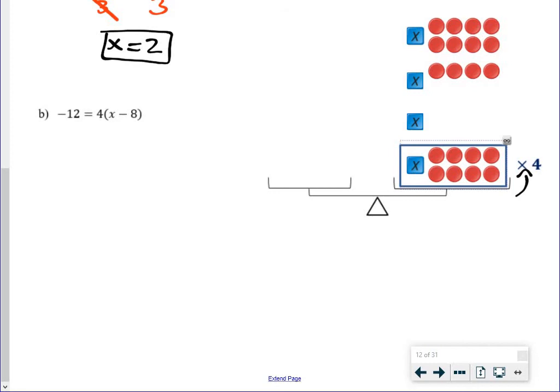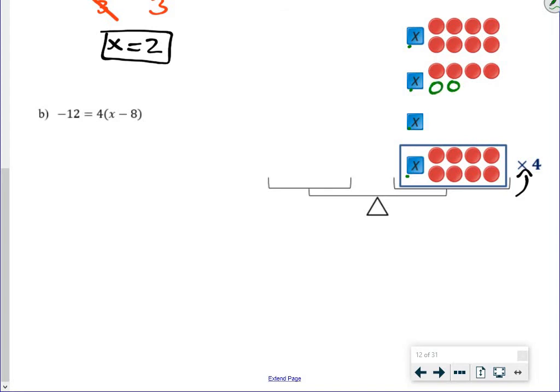So now I have something here. So we're kind of pushing our model a little bit. What I can do now is I want to get the x's on its own, so I need to get rid of these red circles on the right. So in order for me to get rid of the red circles, I can add 0 pairs.